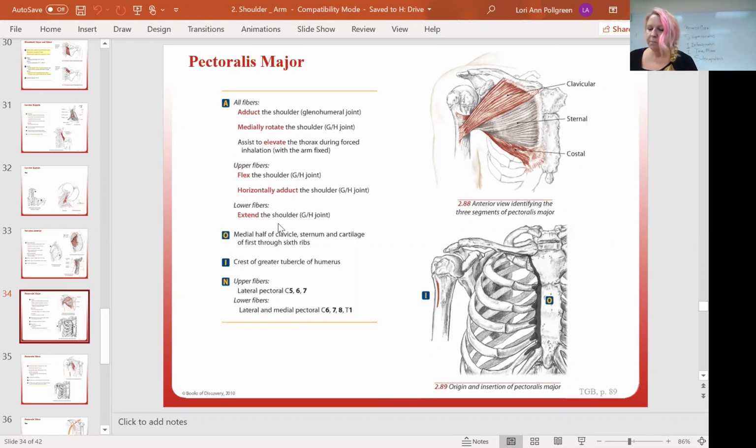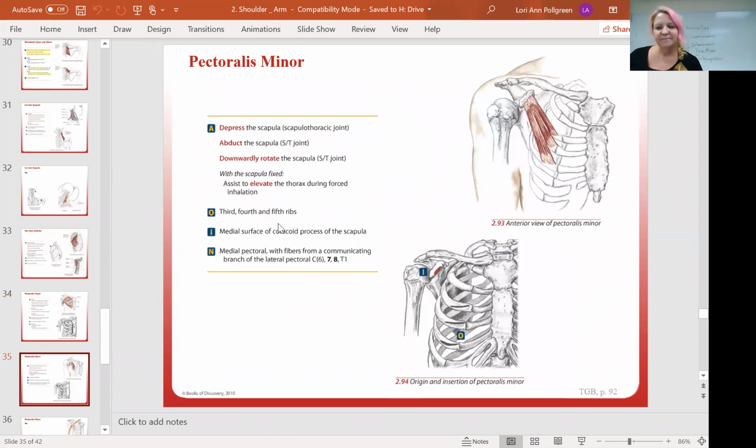All right, we are jumping over to pectoralis major, page 92. Did I just say major? Pectoralis minor, page 92. Highlighting: the pectoralis minor lies next to the rib cage, deep to the pectoralis major. Stop highlighting. Its fibers run perpendicular to the pectoralis major fibers from the scapula's coracoid process to the upper ribs.